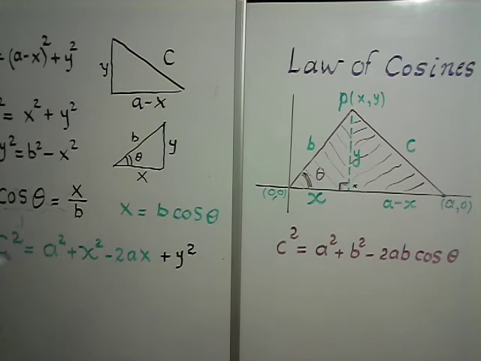Now make substitution about x here and y squared. Y squared from this and x from this. Okay?